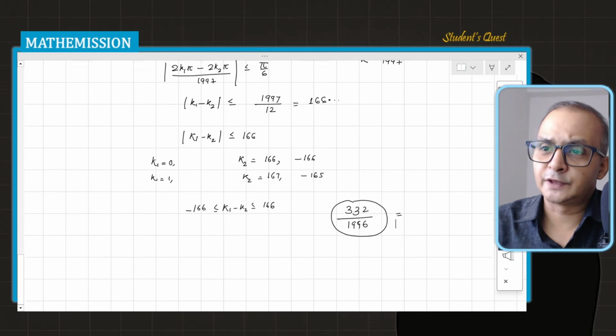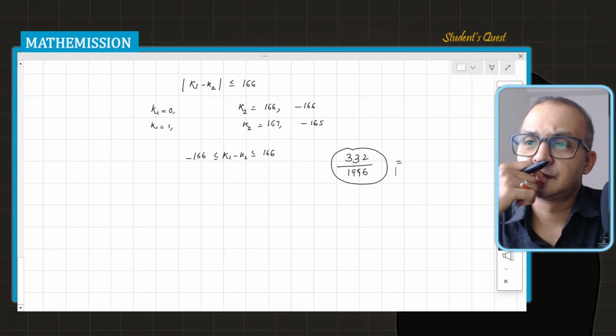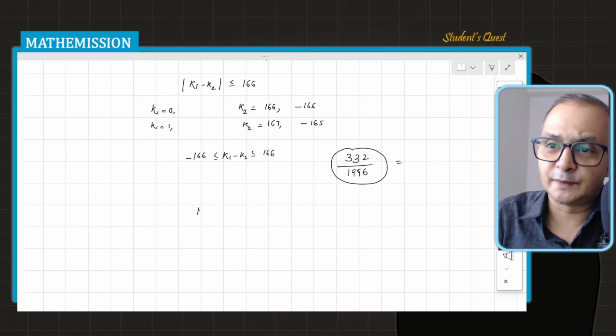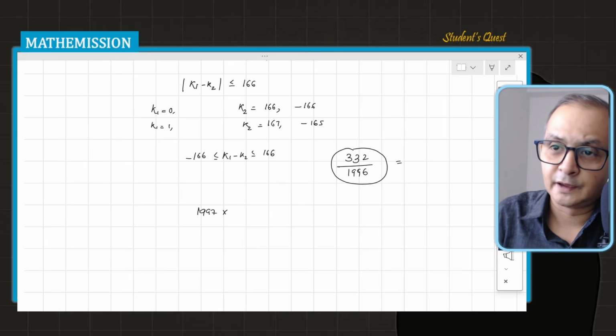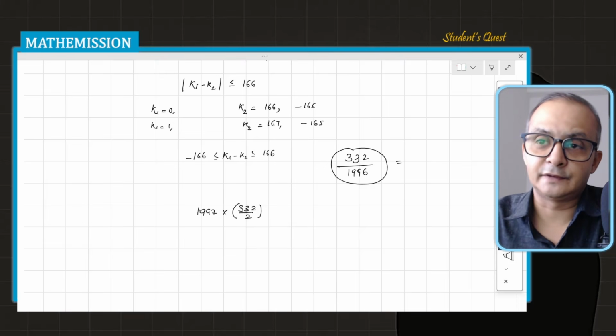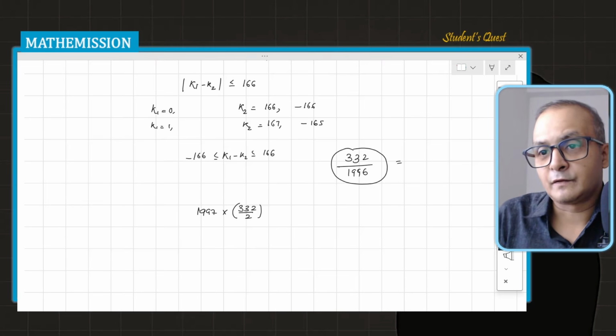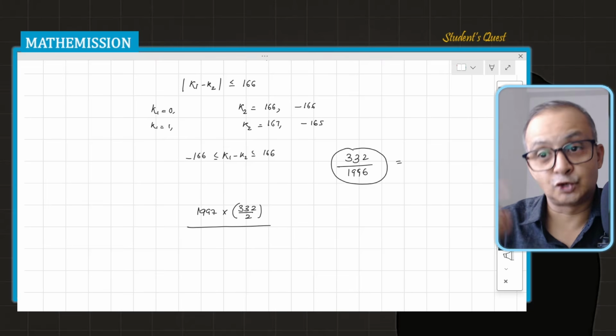Another way to think: for each of the 1997 vertices I have 332 by 2 choices, because I'm going around and doing this thing, so for each of 1997 I have half of 332, and we are dividing by 1997 C 2, since we are choosing two vertices.